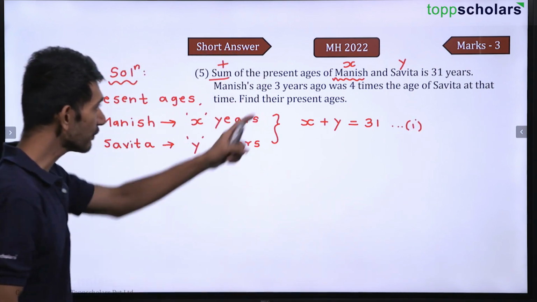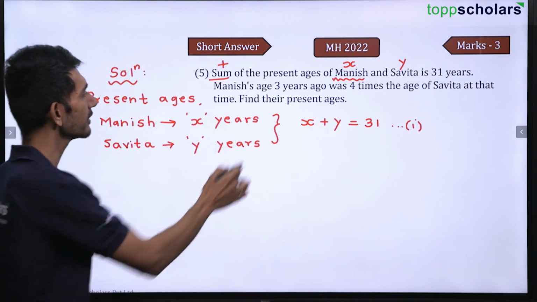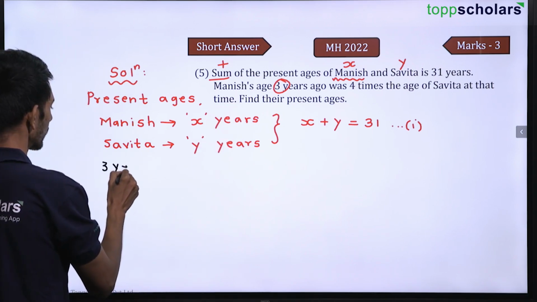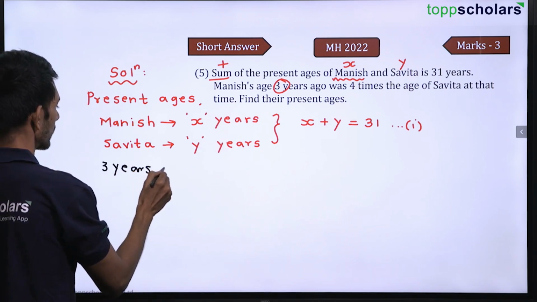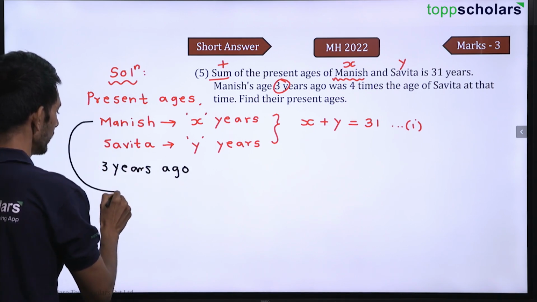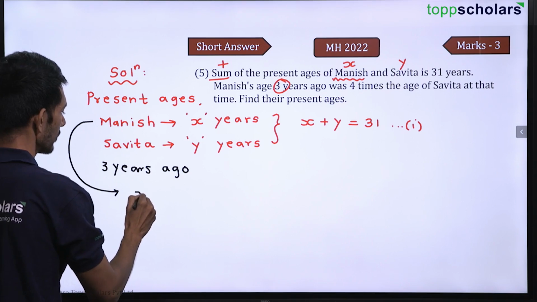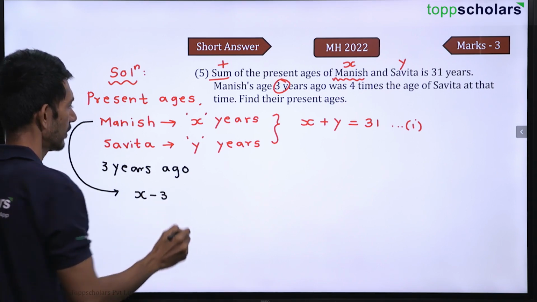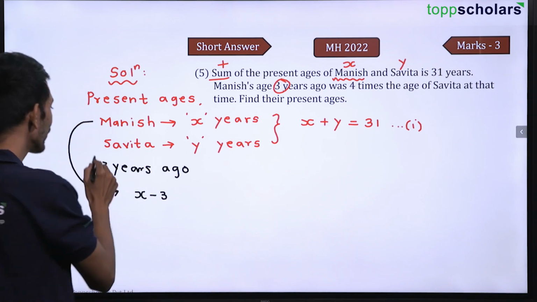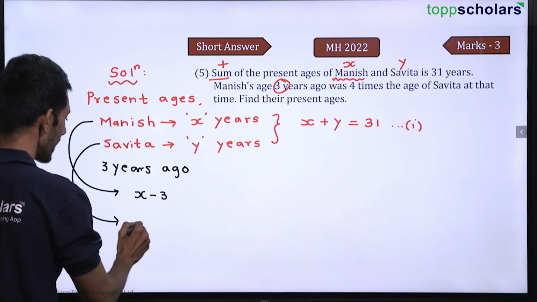Now what they're saying is 3 years ago. Can I say the age of Manish was x minus 3? Obviously 3 years ago, Savita's age is not going to be y. It is going to be y minus 3.